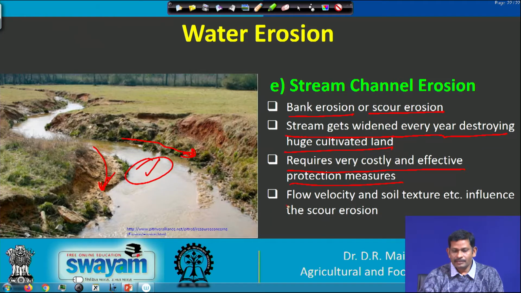And this is the stream channel, of course, and the flow velocity and soil texture etc. influence the scour erosion. Basically it depends on the flow velocity, how fast the water flow is taking place, as well as the soil texture that definitely influences the scour or this erosion.